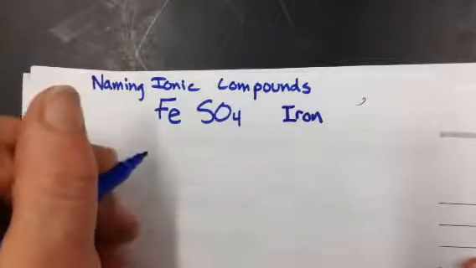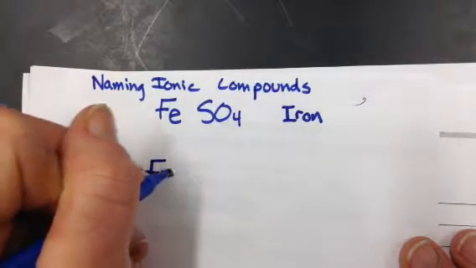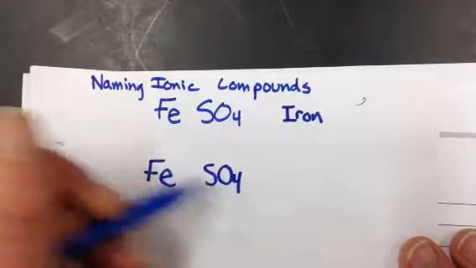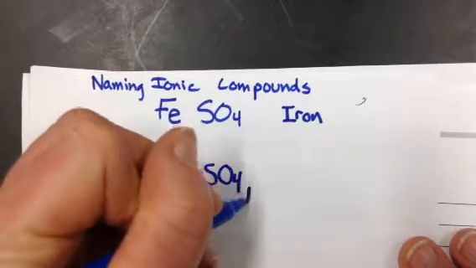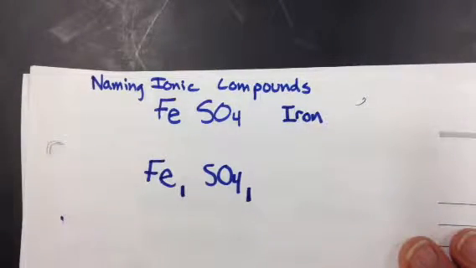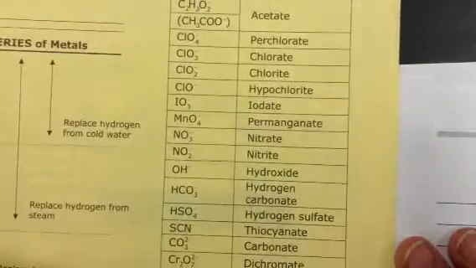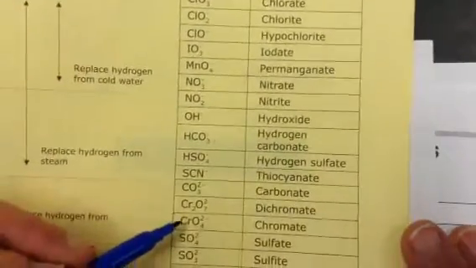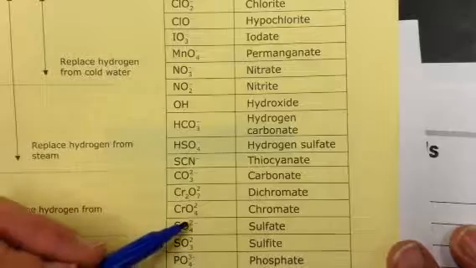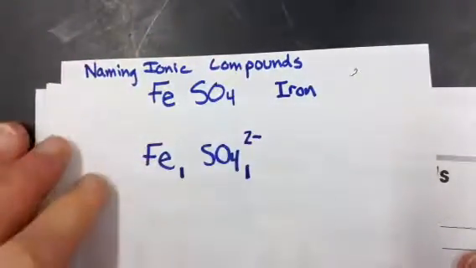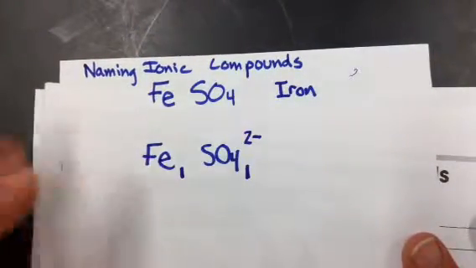First thing we need to do is separate these out, Fe, SO4. We know from the formula there's one of each of them. That's the unspoken one. Then we're going to look on our polyatomic ion list, find our SO4, our sulfate, right here, and it has a charge of -2. That will not change. So we know that's -2. So this is called the reverse swap.